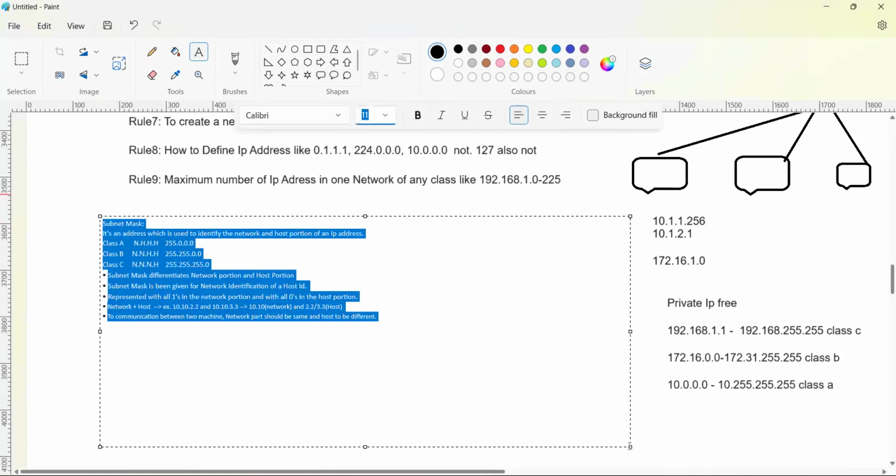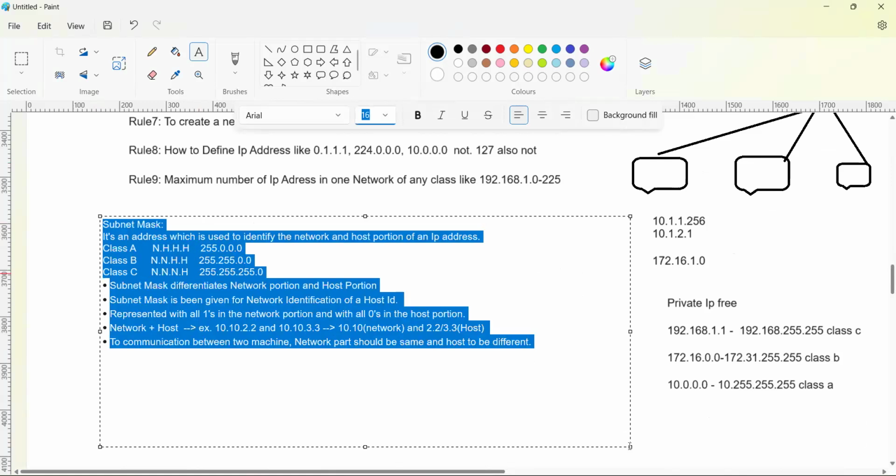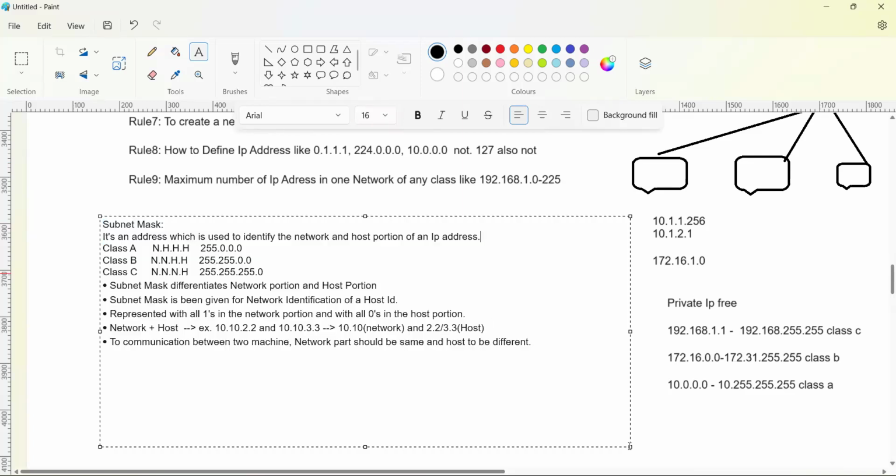It is an address which is used to identify the network and host portion of an IP address. It identifies the network, defining the valid IP addresses in between.